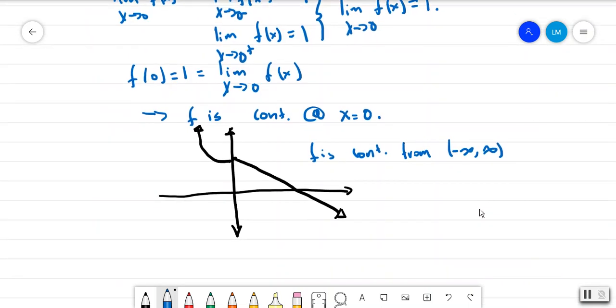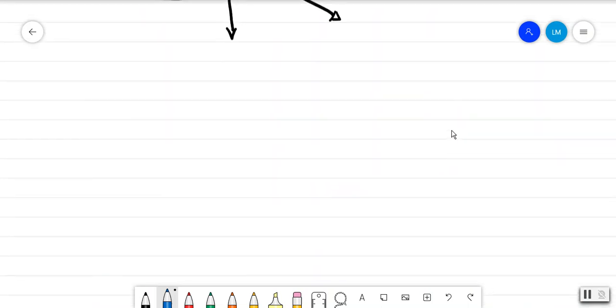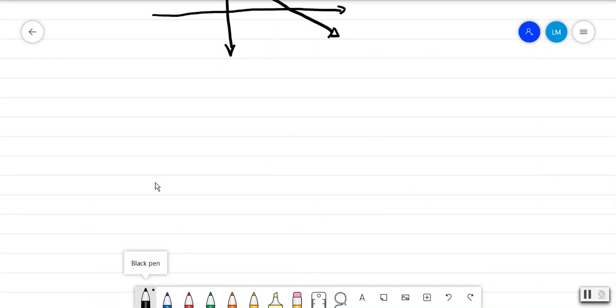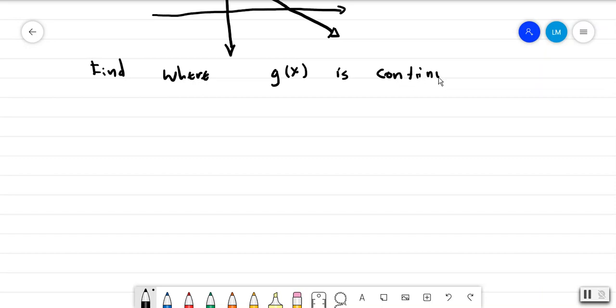Now let's go ahead and look at, for instance, if we wanted to find the intervals of continuity based on a rational function. So let's say that we want to find where g of x is continuous. Okay, so let's say that the function is defined as follows.